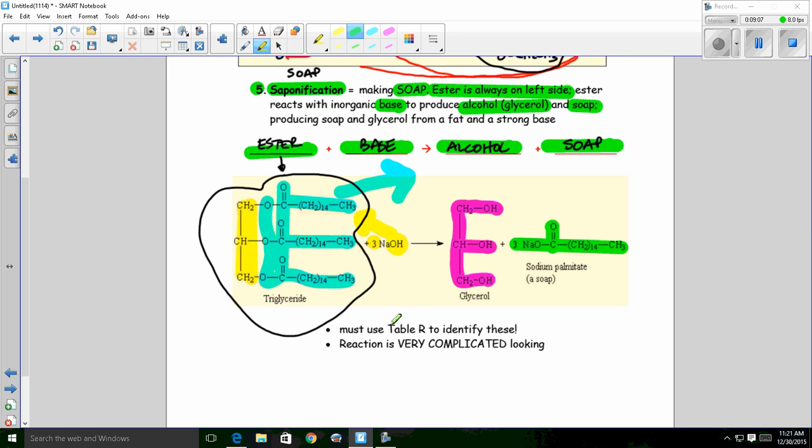So this looks and is a very complicated chemical reaction. When you're seeing these large chained, very huge, enormous esters involved with a base, you know that you're leading along the path of defining and showing a saponification chemical reaction, which is the production of soap.